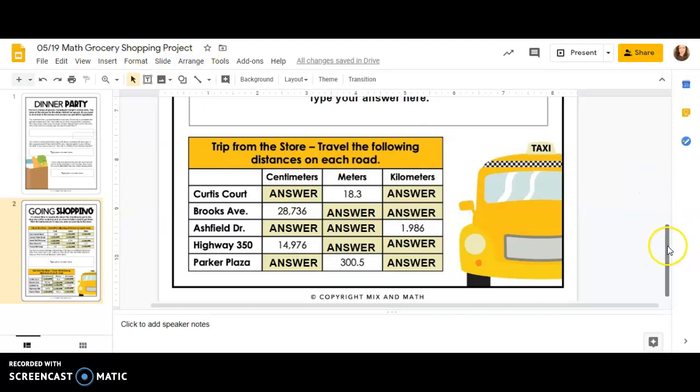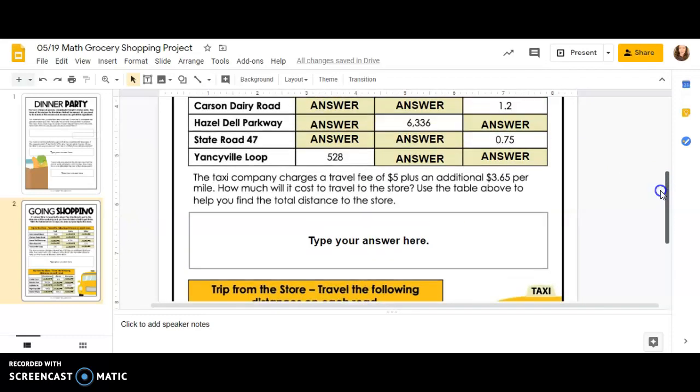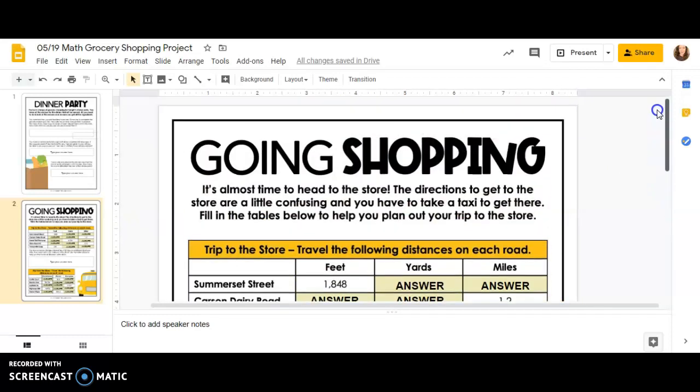Oh, and then if you prefer to not use the Google Doc, you could, of course, print it out and write in your answers and then upload it and take a picture. Please, please make sure you show us your work. Do not turn something in and leave it and just say turned in and we don't know what you did.